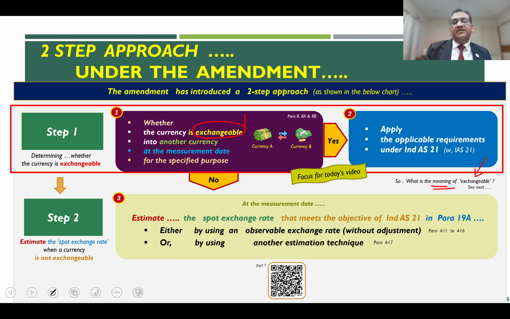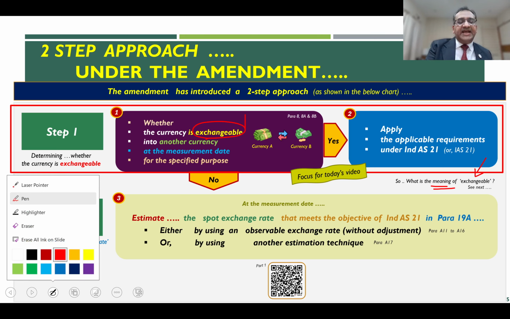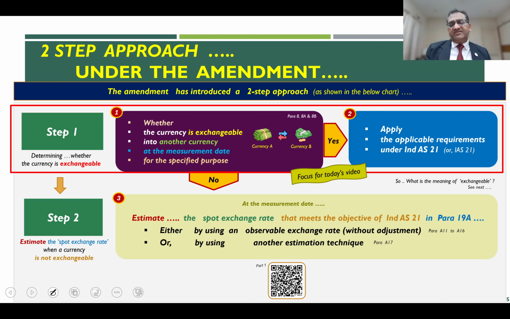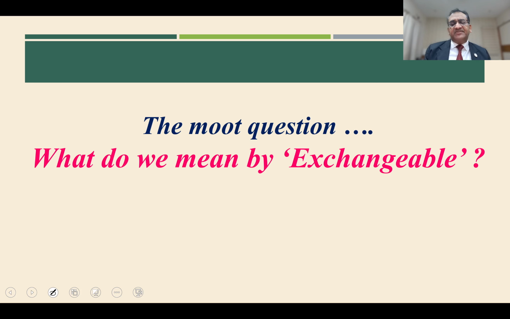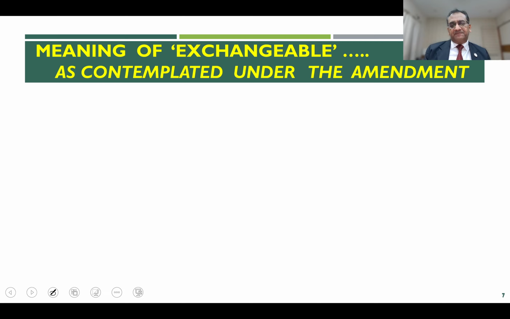When would you say that the currency is exchangeable into another currency? Are there any factors or evaluation criteria given in the standard which one can apply? Yes, there are additional guidances inserted in the amended standard. So, what do we mean by exchangeable?